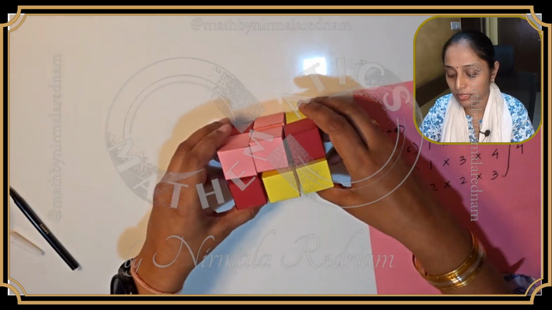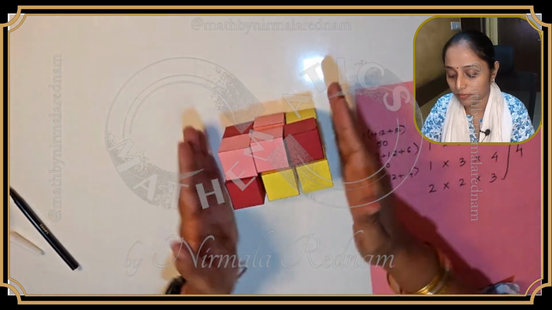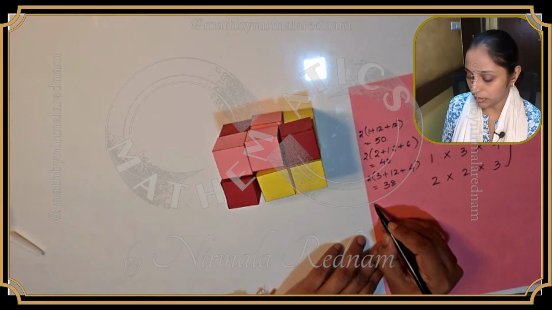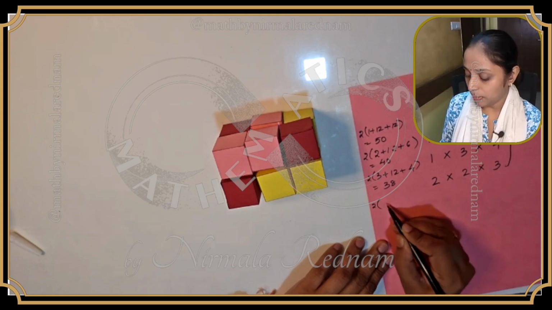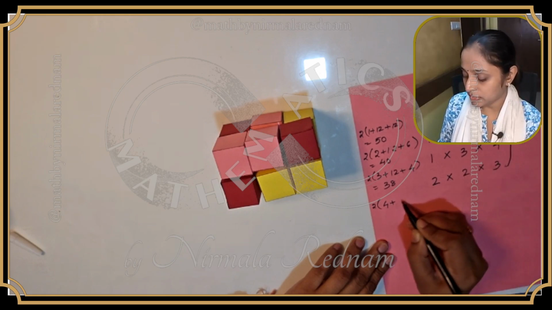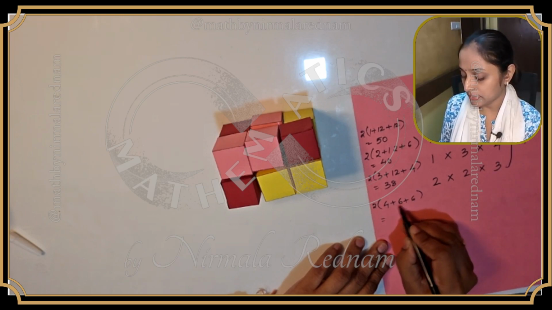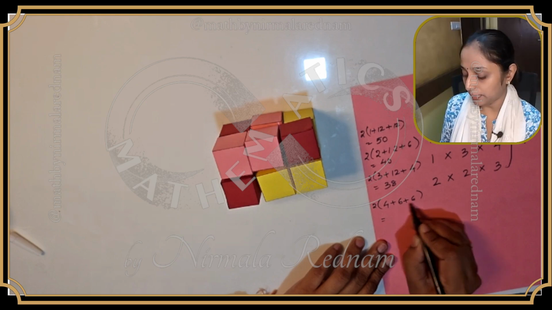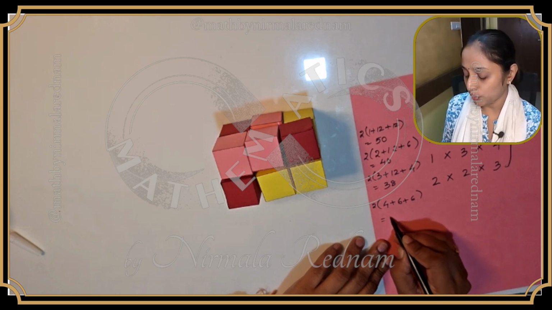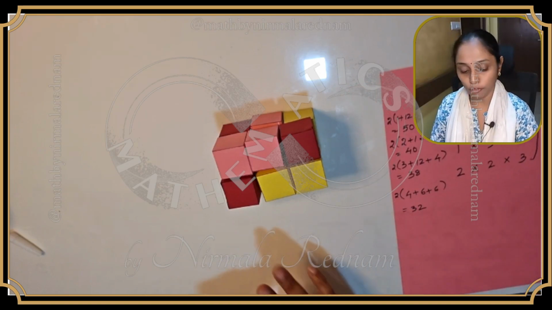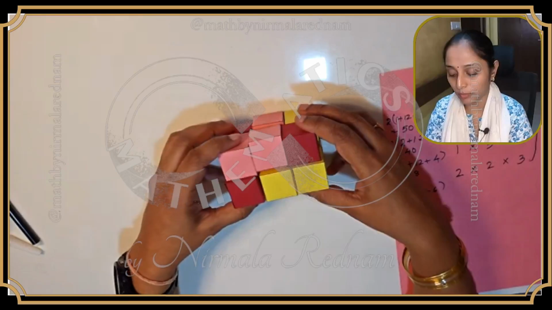Now, let's look at the surface area. What is the surface area here? I have 2 times LB 4, BH 6, LH is also 6. This is nothing but 10 plus 6 is 16 into 2 is 32 square units. So this is your fourth possibility, the final one.